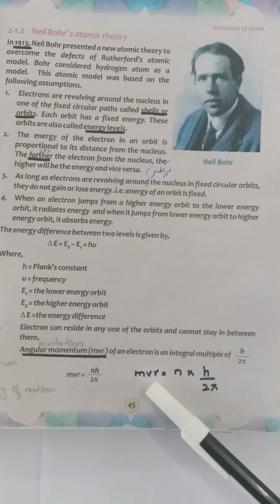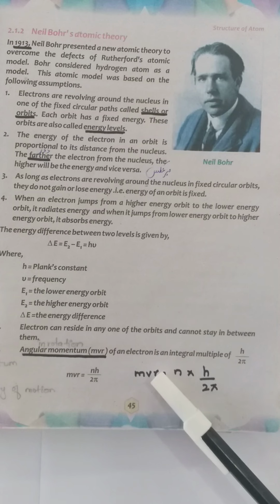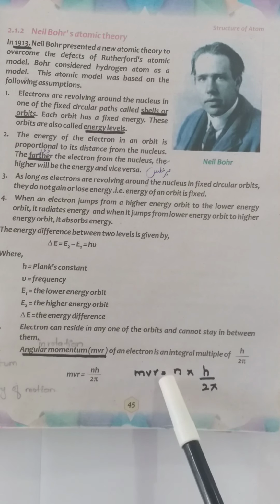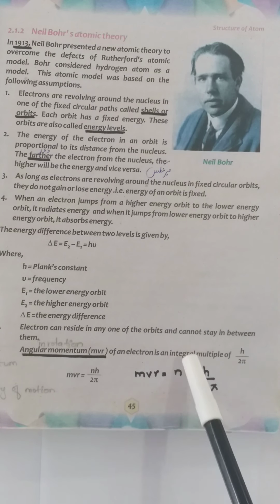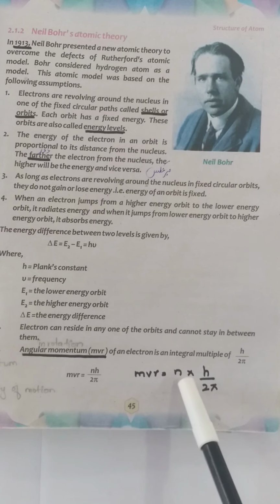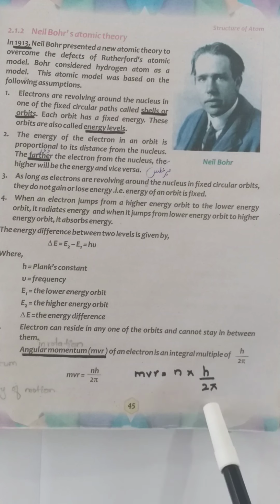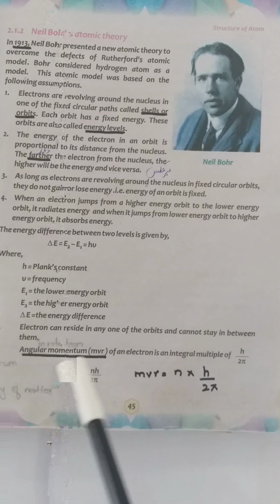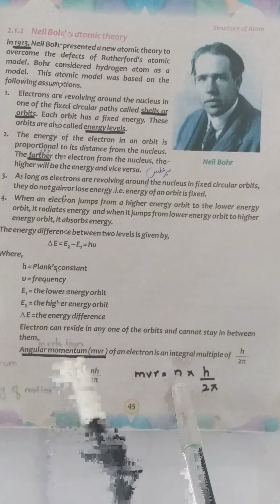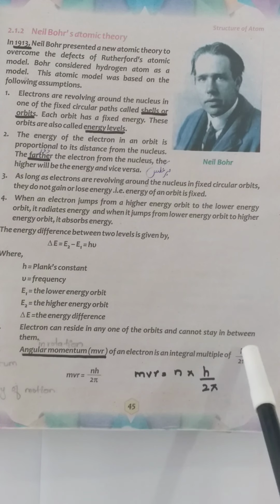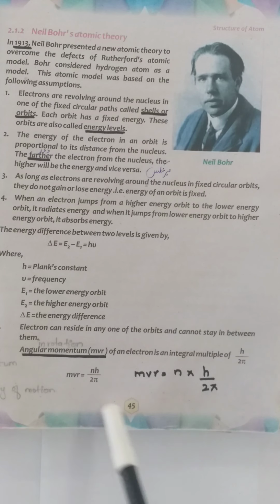You can see MVR, that is the angular momentum, is an integral multiple, which is shown by n, multiplied by h divided by 2 pi. So this is the formula.